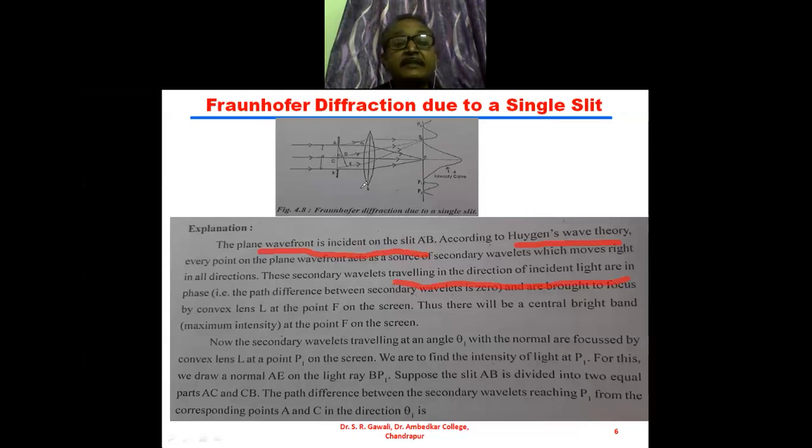So these secondary wavelets are brought to the focus by a convex lens L at the point F on the screen. Thus, there will be the central bright band, central maximum intensity at the point F on the screen. Why do we get the central maximum at the point F?